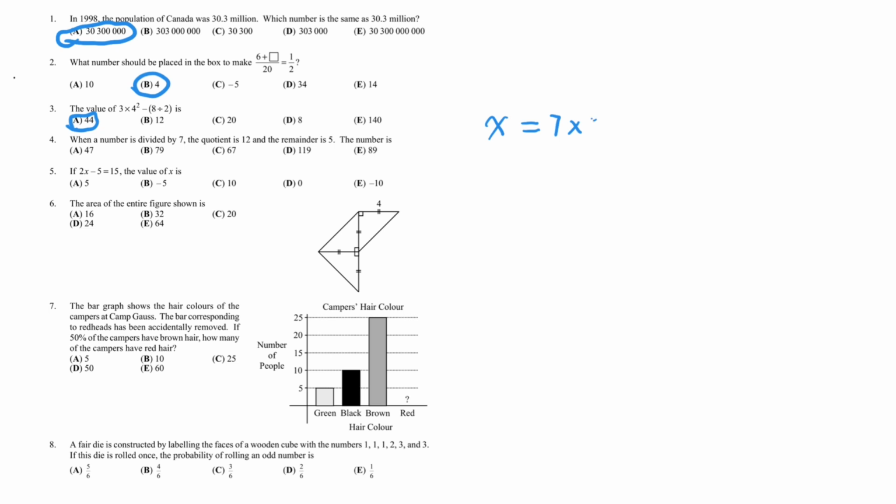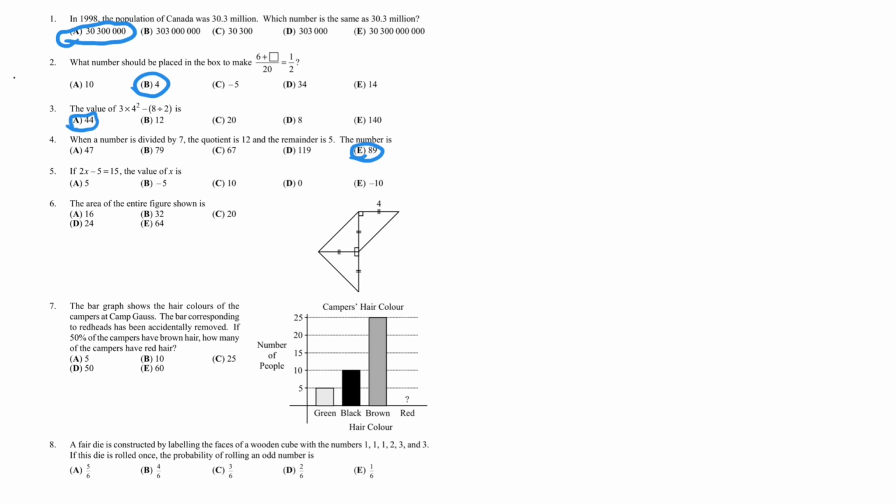So 7 times 12, then plus the remainder 5, gives us the original number. That's 84 plus 5 is 89. Therefore, the answer is E.